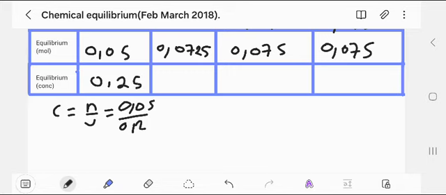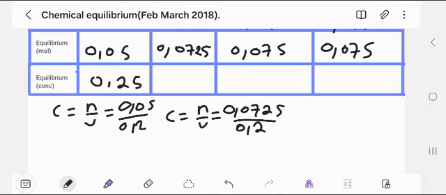Same thing here, you'll say C is equal to n over V. You'll take 0.0725, divide that by 0.2.